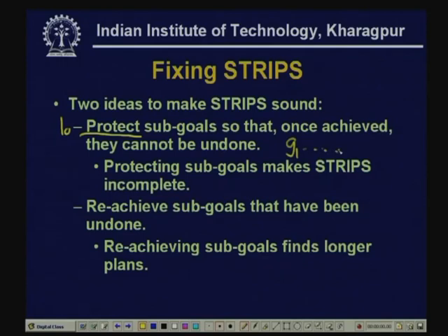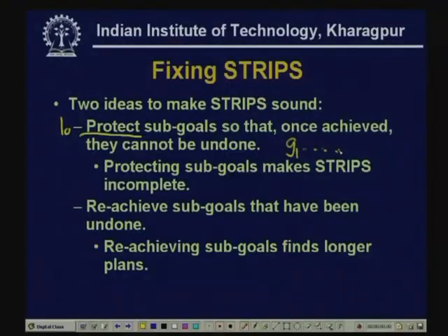Unfortunately, sometimes it will not be possible. If you have gone to a state in G1, it may be the case that you cannot get to a state where G2 will be satisfied unless you undo the effects of G1. So, such situations can arise, okay, that G2 cannot be achieved without undoing G1.